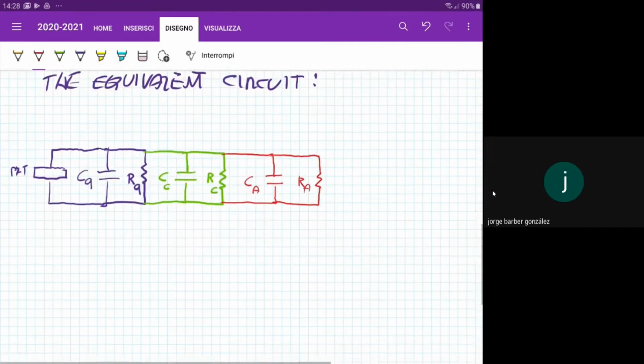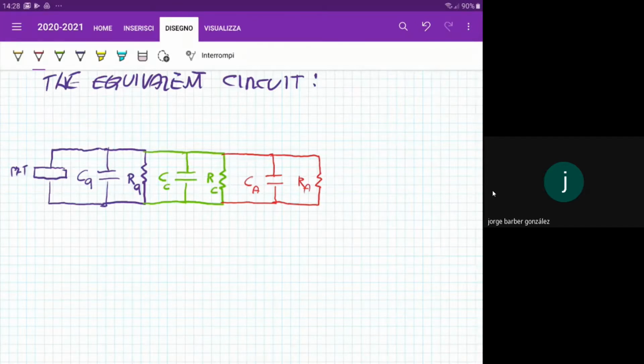Okay, so the overall capacity of such electrical circuit is very easy to find out because we have a parallel configuration of capacitors. That is, the total equivalent capacity is the sum of all these capacitors.